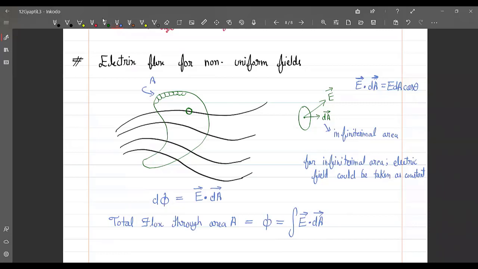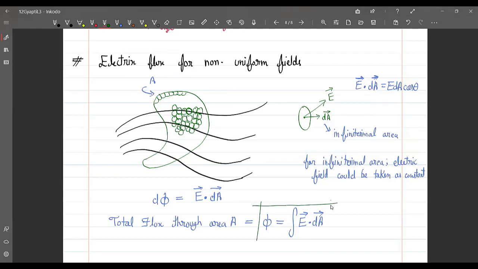What integrating means is that you're basically adding up fluxes through all these small regions, through all these small dAs. And if you add up all those small E into dA, what you will get is this value phi.